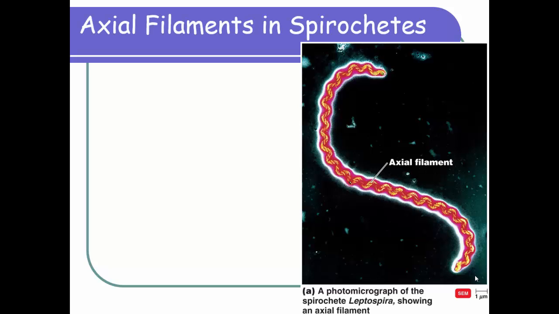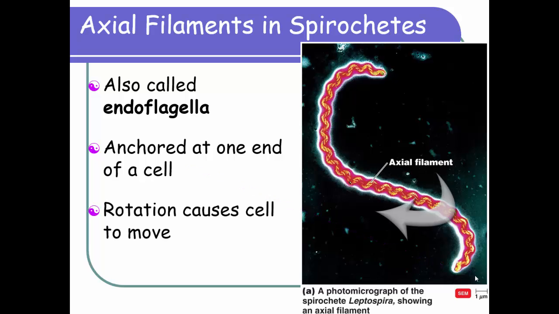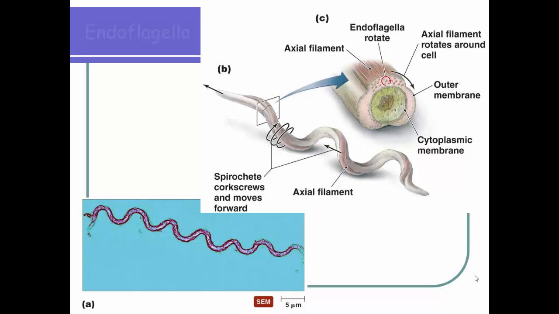The spiral organisms, such as with this spirochete, have an endoflagella. These are sometimes also referred to as axial filaments. This is a photomicrograph of the spirochete Leptospira showing this axial filament. Typically, this endoflagella will be anchored at one end, and the rotation will cause the cell to move and also give it its characteristic spiral shape.